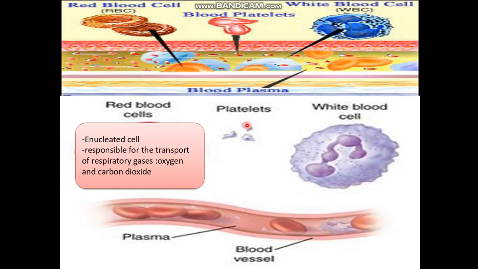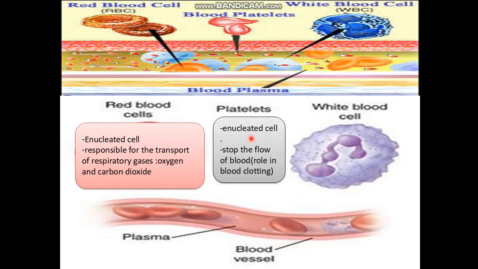Platelets, as shown here, are very small, enucleated cells. They stop the flow of the blood; they play a role in blood clotting. If you have any wound, platelets are responsible for stopping the flow of the blood through clotting. As for the white blood cells, they are very big and low in number, and they have a nucleus.